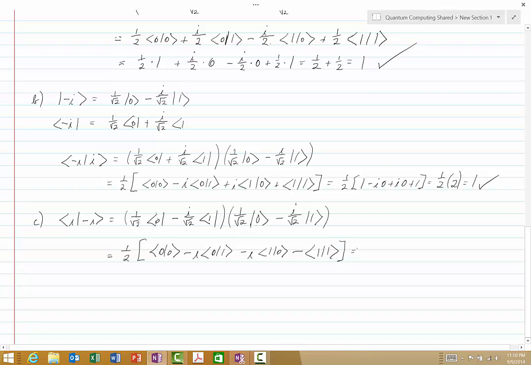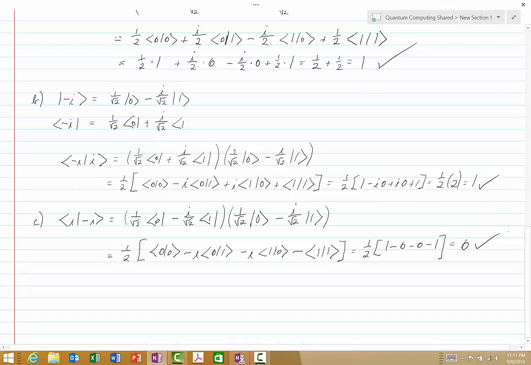And that will be 1/2 times 1 minus 0 minus 0 minus 1, and that is indeed 0.